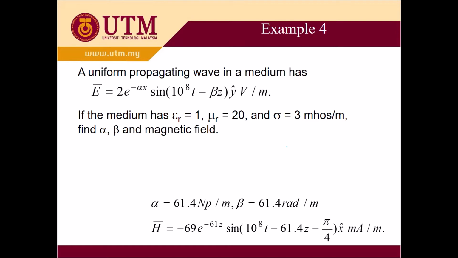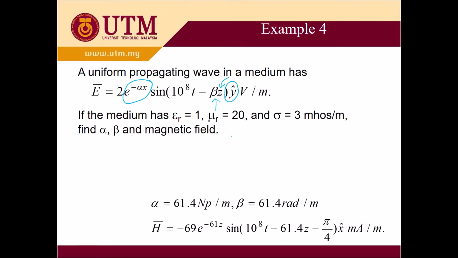So basically, you are given the E field. This is the lossy or attenuation component, and this is beta. This is the direction of propagation, z, and this is the oscillating component of E. This is not X but Y. So that's why I said you have to observe the equation carefully.